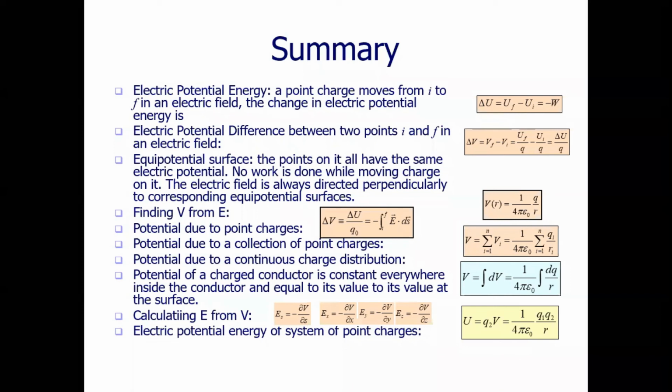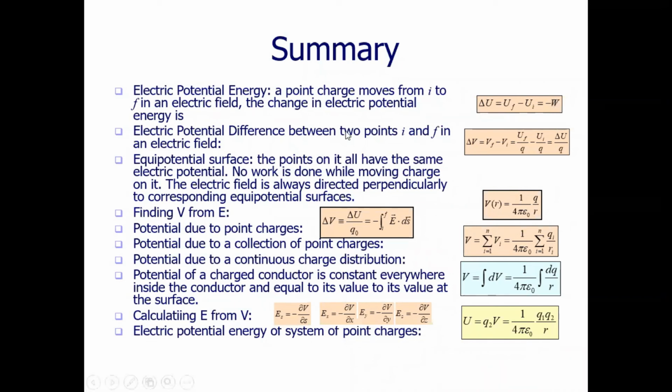Mathematically, the potential energy is just equal to minus W. Why is the minus there? It is there to signify the fact that that energy is stored in the system. And this work here represents the work that is done by the electric field, right?